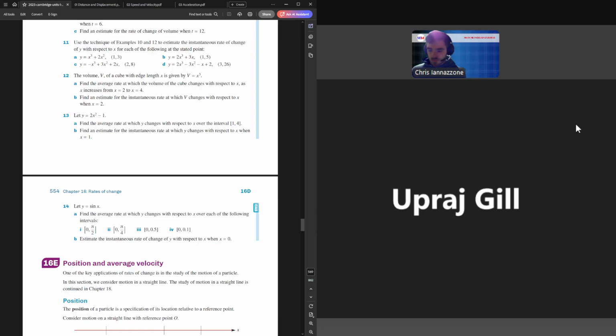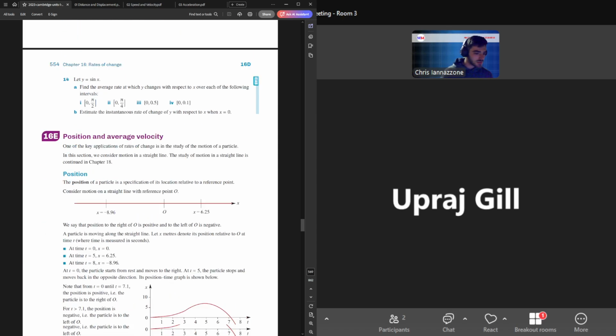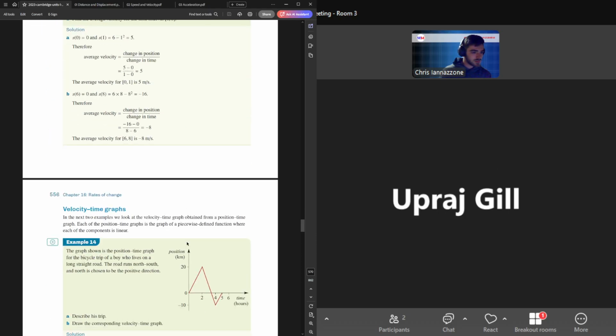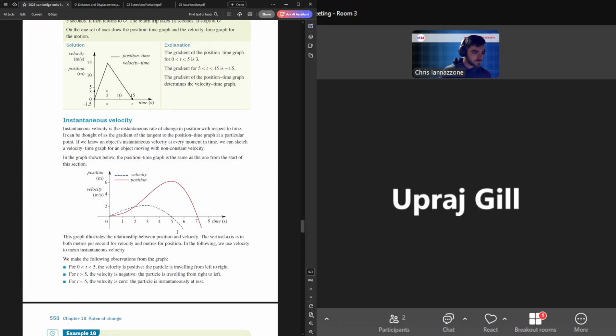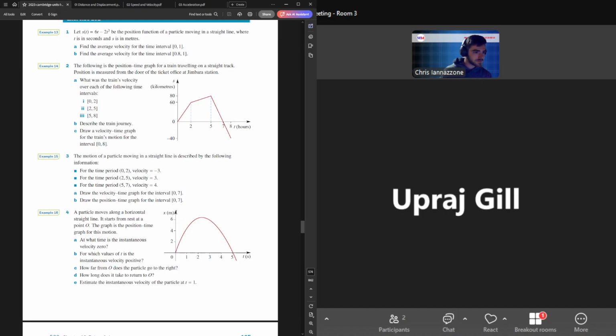Yeah. If you look at exercise 16E, let's say question two, there's the position of the train from the ticket office at a station.